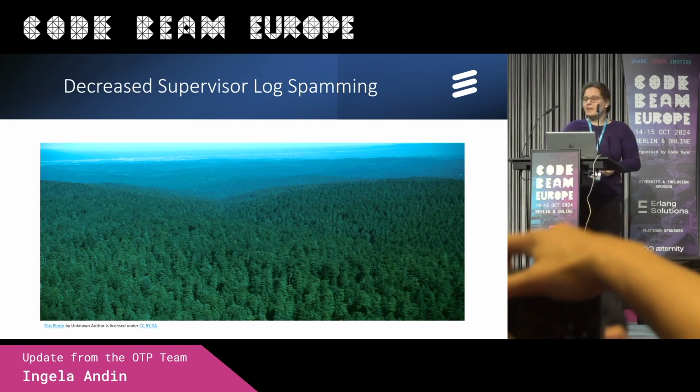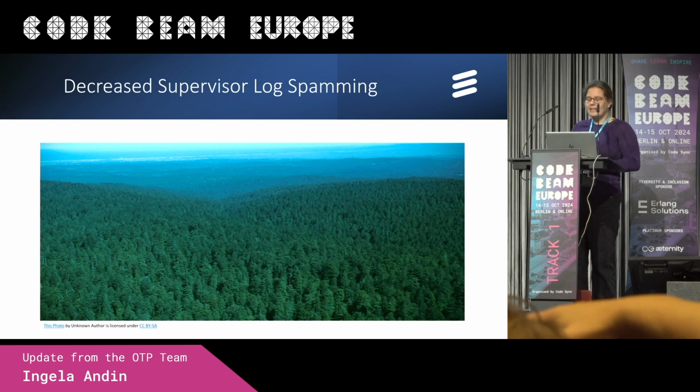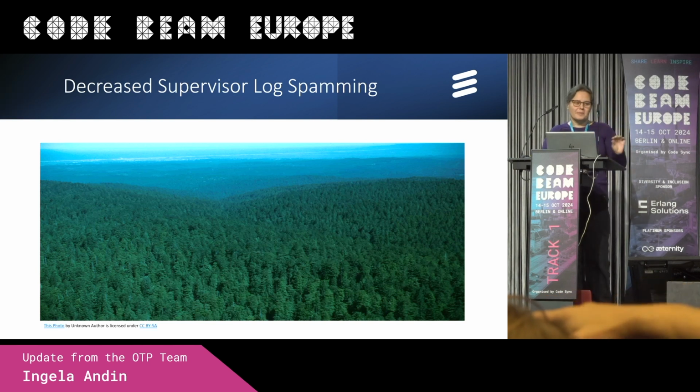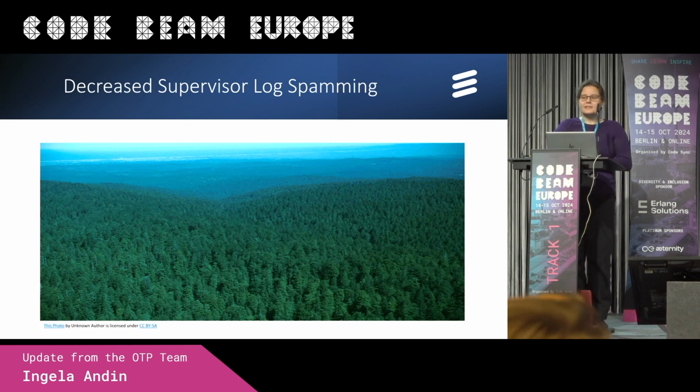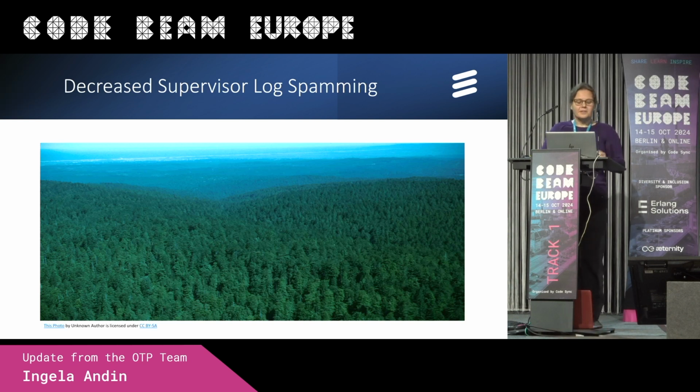These logs are really not useful for anything, except maybe debugging. So even if you can filter them out with a fancy logger filter, it's not trivial. So we decided that we should log these reports at the debug level instead, so we can get rid of them.